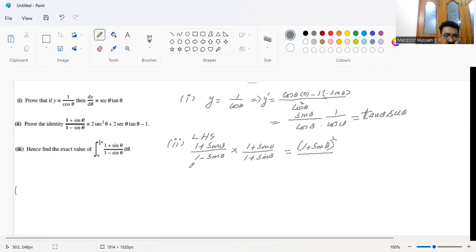But after a lot of practice, when you practice trigonometry, I think the idea automatically comes into your mind. Here, when I want to simplify this, I don't see any other way. I think if I multiply it by 1 plus sine and 1 minus sine, at least this becomes 1 minus sine square theta.